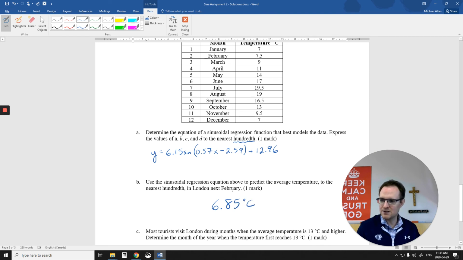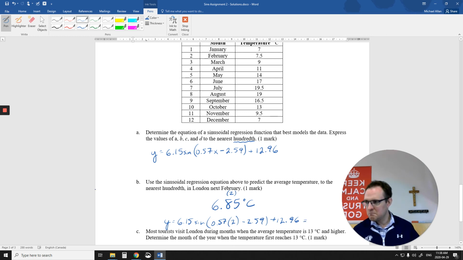You can also say this is 2. I could put 2 into this equation up here if I wanted to. I can go 6.15 times sine of 0.57 times 2 minus 2.59. Make sure your mode is in radians if you're going to type this in your calculator like this.